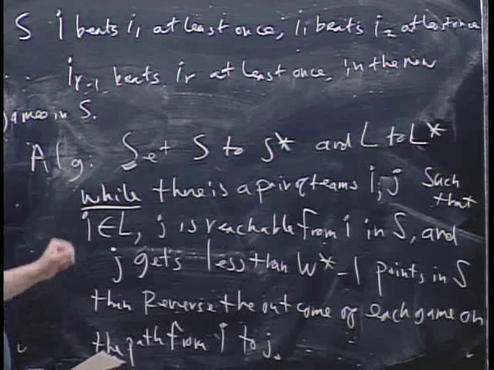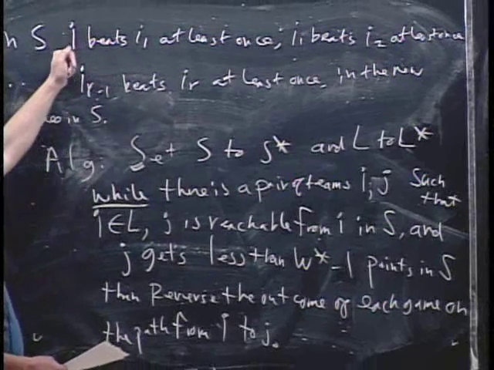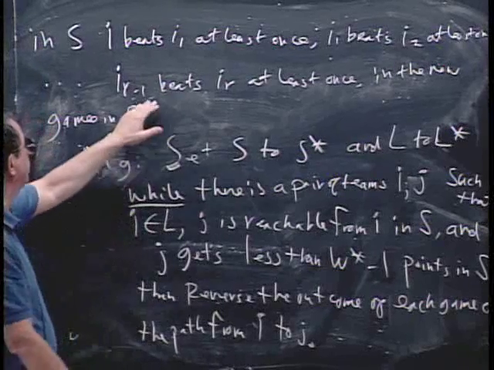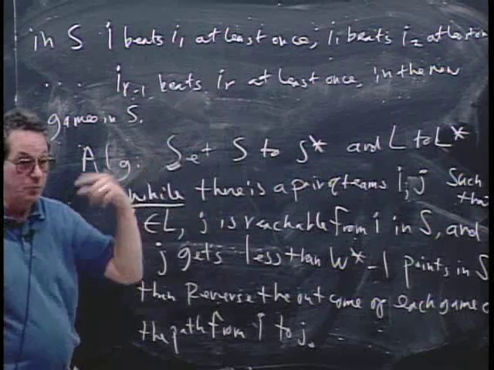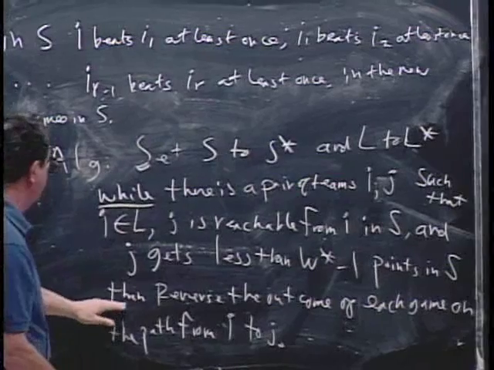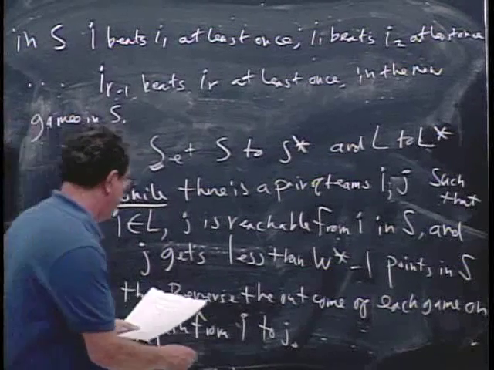So the net result is that every team on this chain loses one game compared to what they had, except for the last one, which is J, which ends up winning one more game.